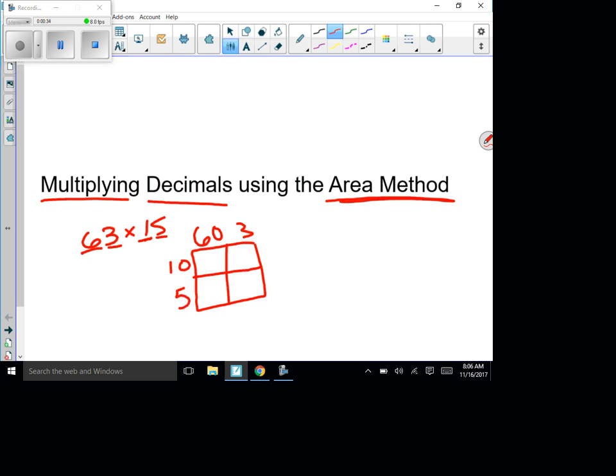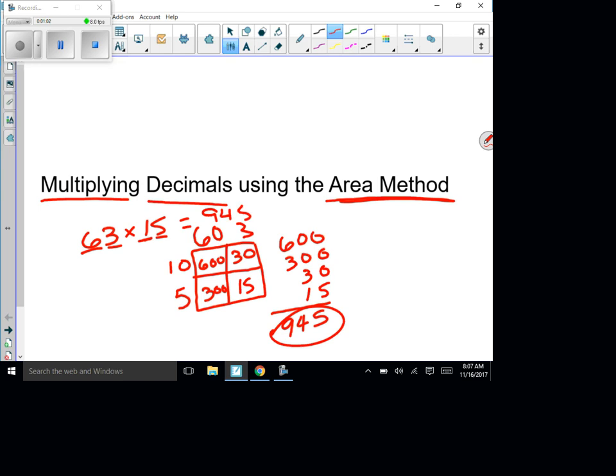Then you multiply it out, and you had 600 here, then 300 here, then 30, then 15, and then we had to add them up. So the answer to 63 times 15 is 945.